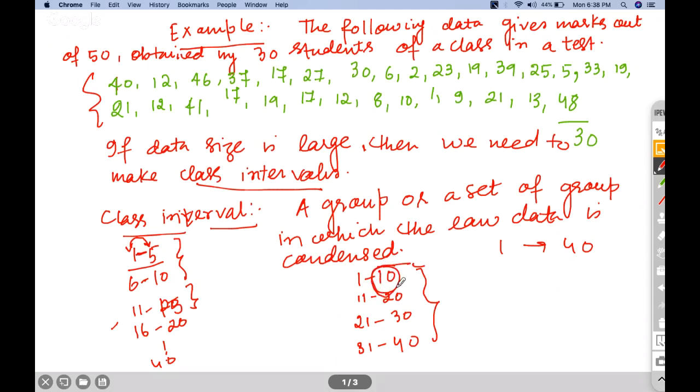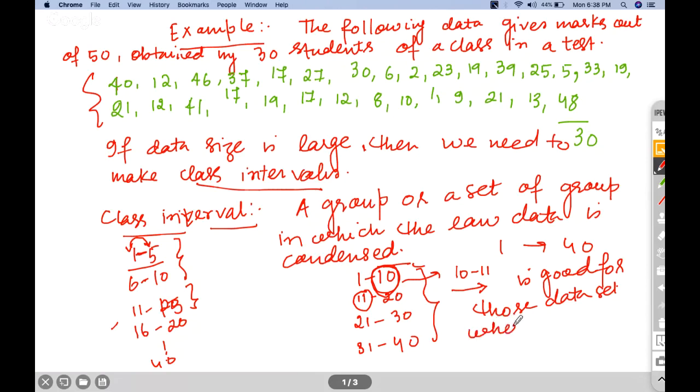Now guys, look very carefully here. I am ending this class interval at 10, and I am beginning the next class interval with 11. What about numbers between 10 and 11? They cannot fit in any class interval. So this kind of arrangement is good for those data sets where I only get integer values.